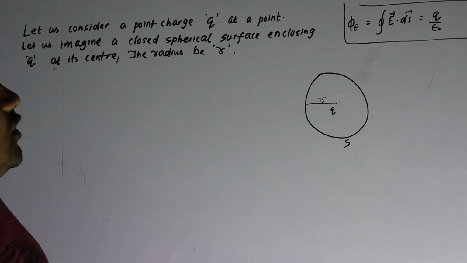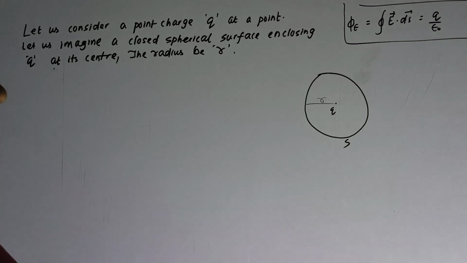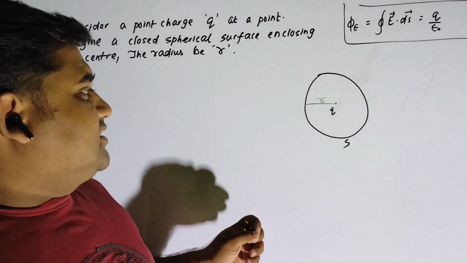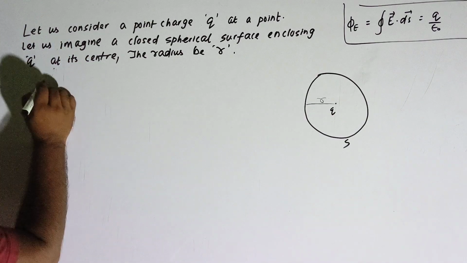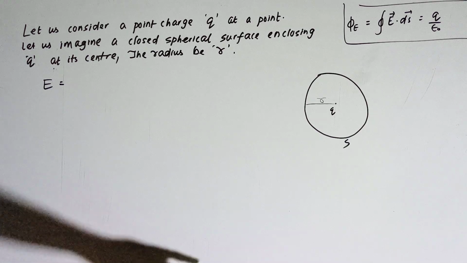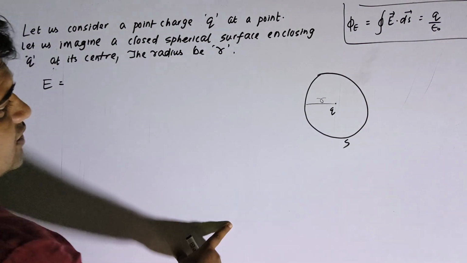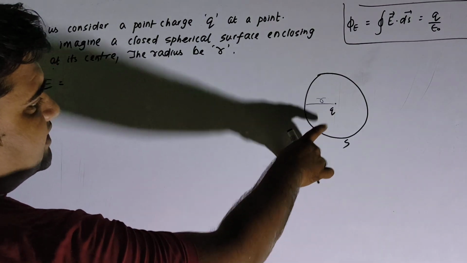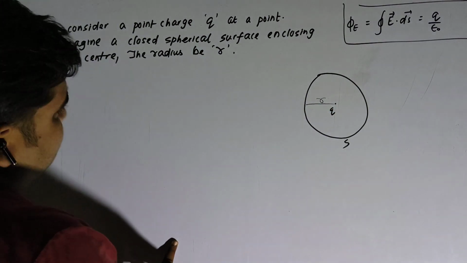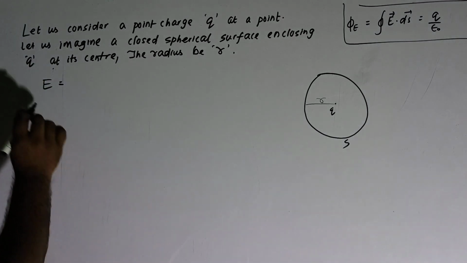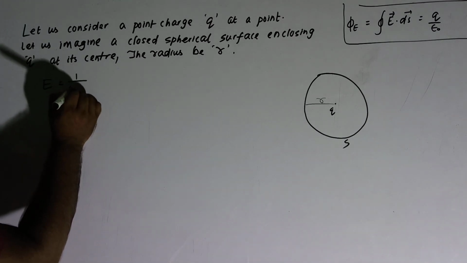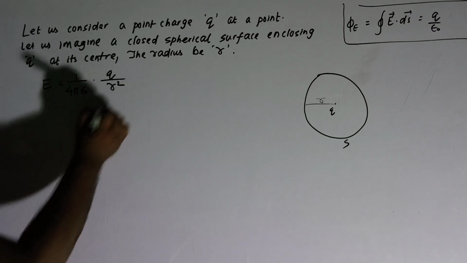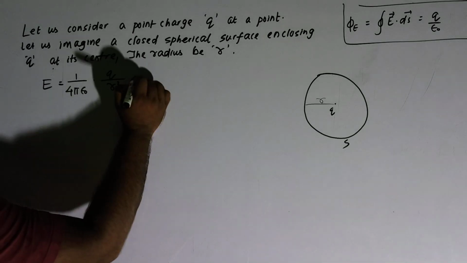For a point charge, the electric field at a distance r is given as E equals, at any point on this surface, since every point on this surface is at a distance r from that charge q, 1 by 4 pi epsilon naught q by r squared. This is your electric field.